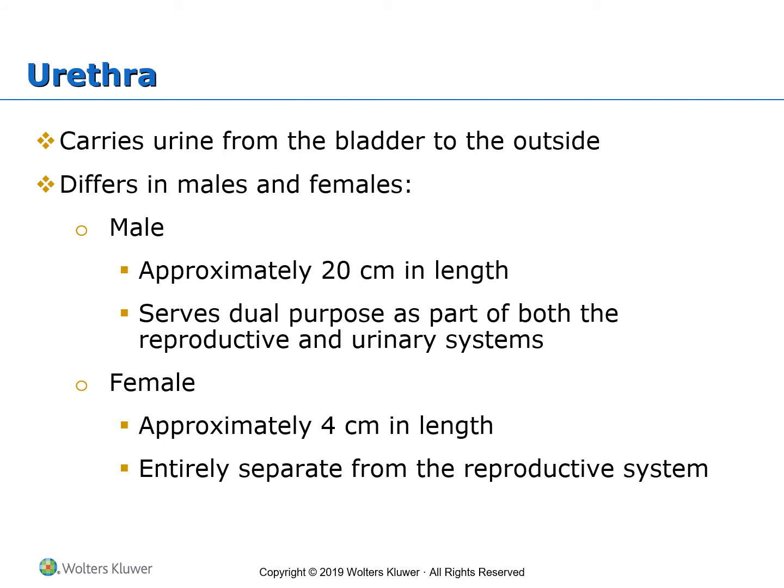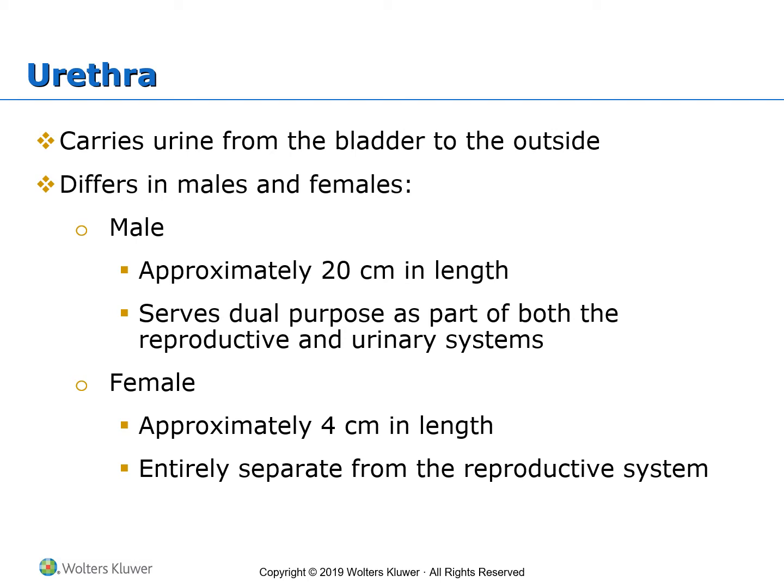The urethra is that tubular single organ that will carry the urine from the bladder to the outside. It's totally different in males and females, and it's part of both the reproductive system and the urinary system. In males, the urethra is longer than in females, obviously.